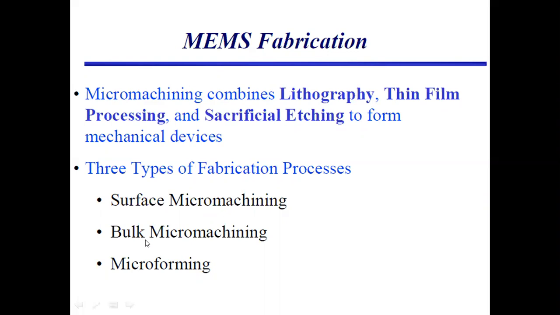Bulk micromachining is the process in which we make structures within the silicon wafer. So here, layer by layer, we make structures on the surface of the wafer, while in bulk micromachining, the structure is made within the silicon wafer. The same silicon wafer material is used to make this structure. And then we have microforming.